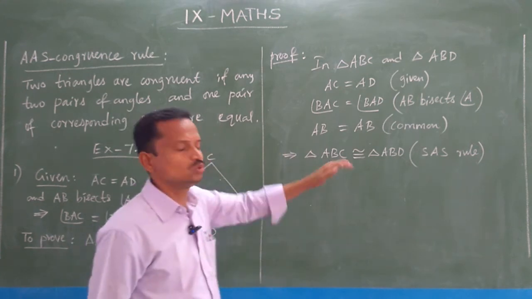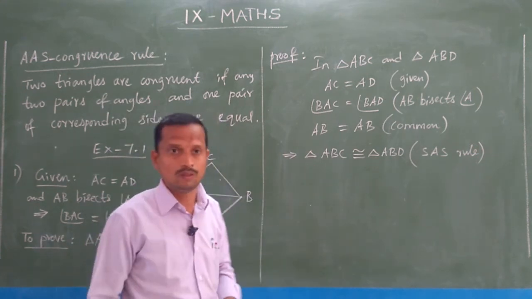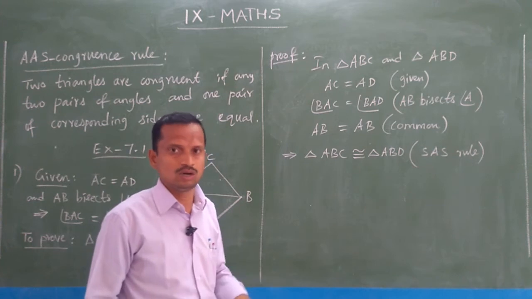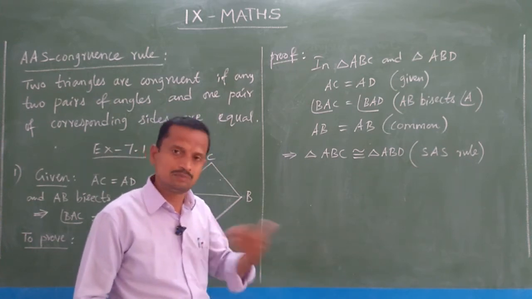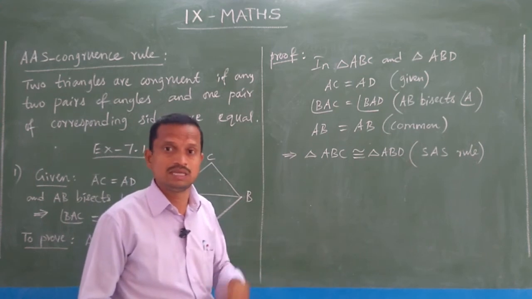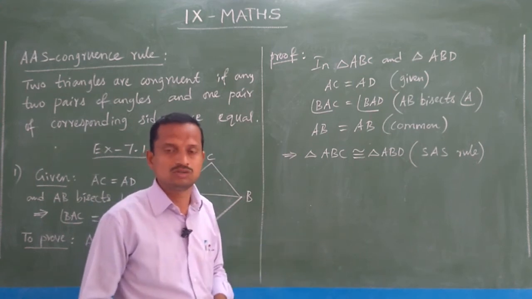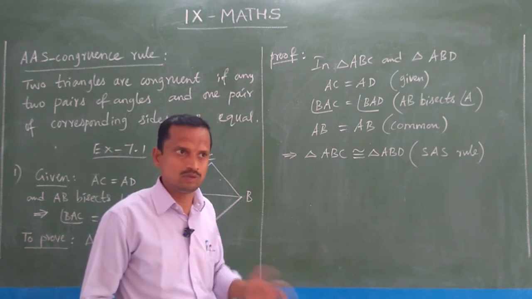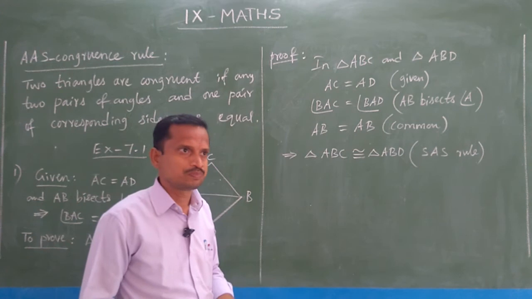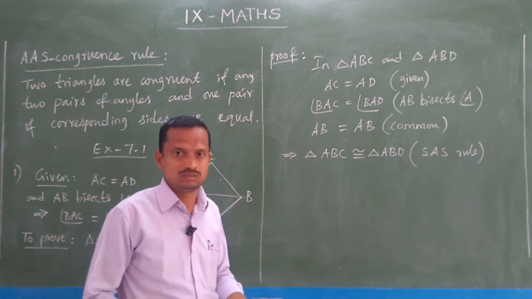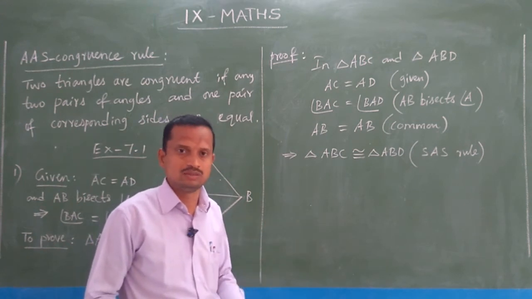Okay, we have proved these two triangles are congruent by SAS rule. Therefore, after proving congruence, other pairs, that means other pairs of sides, other pairs of angles, we can take that they are equal because the triangles are congruent. We have proved it. So after proving congruence, we can take as needed.